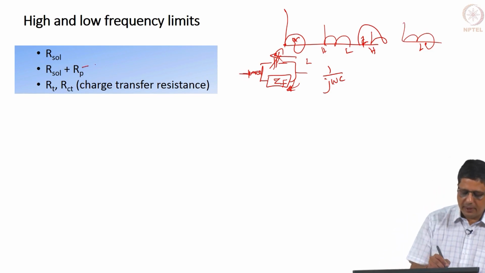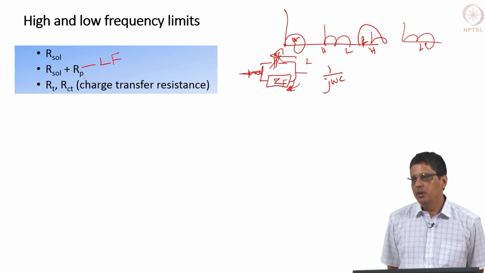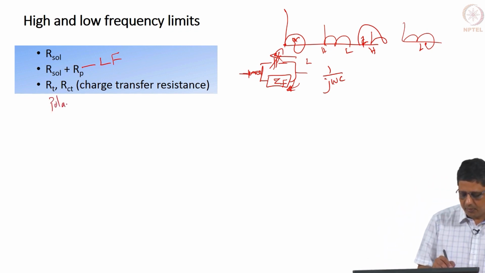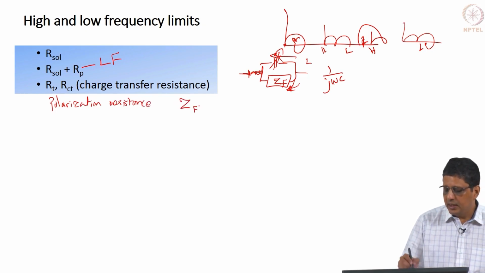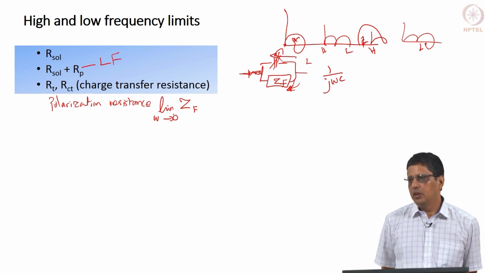So, the low frequency impedance is going to be solution resistance plus a resistance which is called polarization resistance. Polarization resistance is basically the Faradaic impedance at the limit of omega tending to 0.